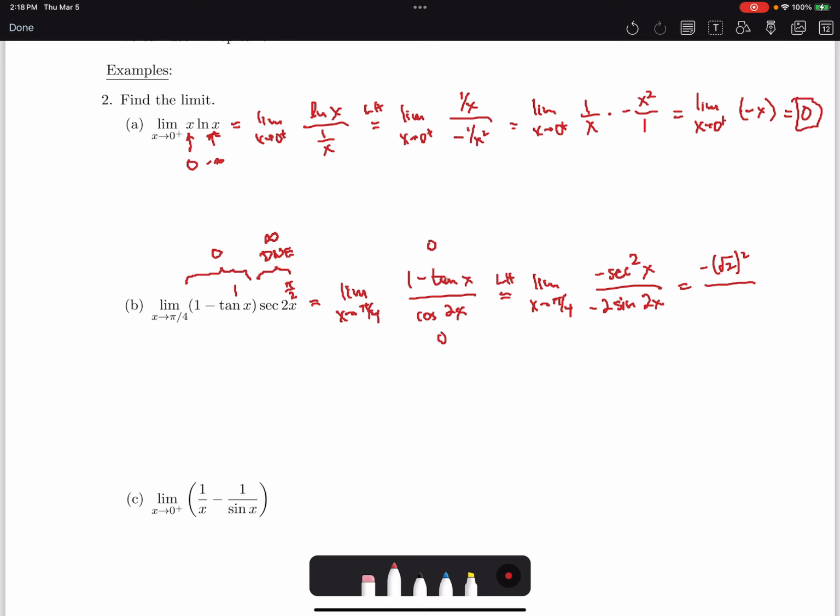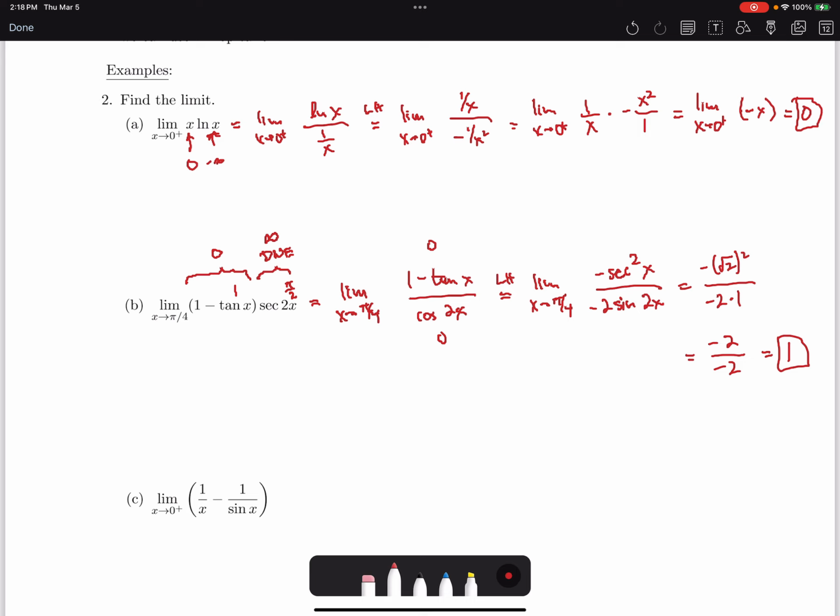In the denominator, if we plug in pi over 4, 2 times pi over 4 is pi over 2, and sine of pi over 2 is 1, and 1 times negative 2 is just negative 2. Okay, so I'm not getting any zeros here. I think that we're safe. This is going to be negative 2 over negative 2, which is positive 1, and that's it. Okay, so that limit is positive 1.